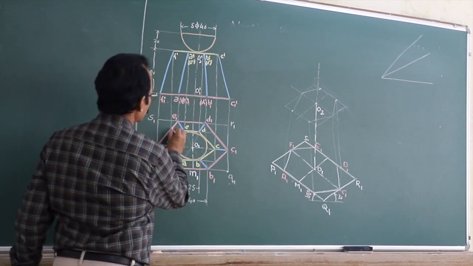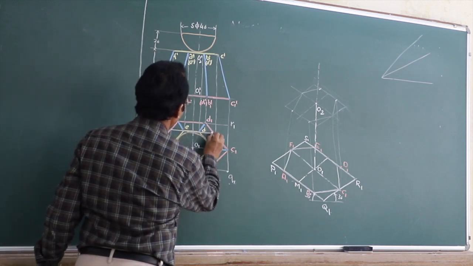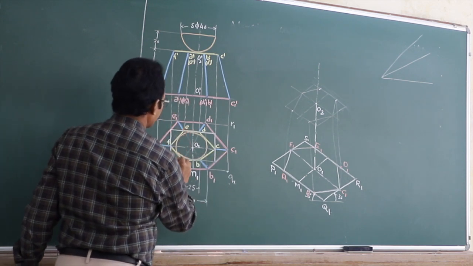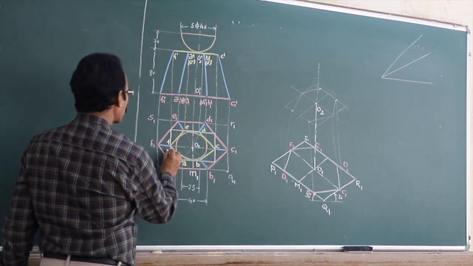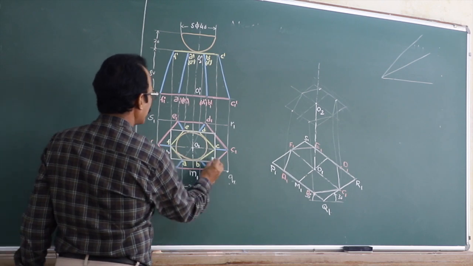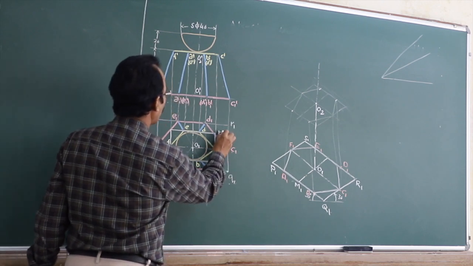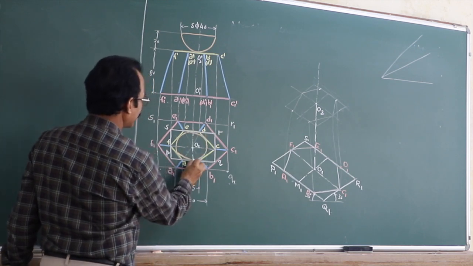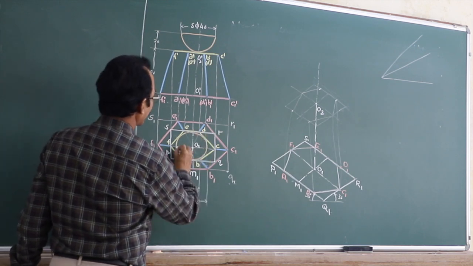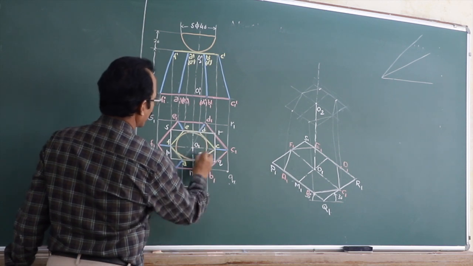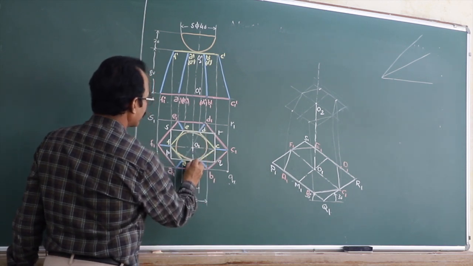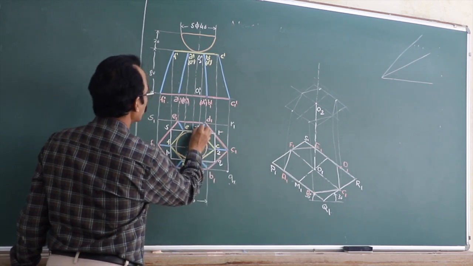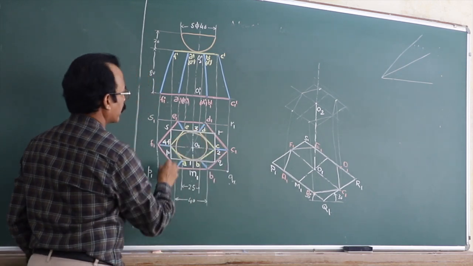Once again, this top hexagon must be enclosed in a box here. So let us call this box P, Q, R and S, right? And wherever the center lines meet the rectangle, I can call them 1, 2, 3 and 4 here, right?